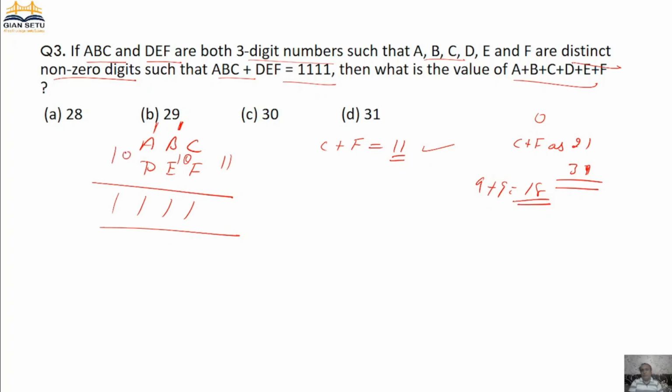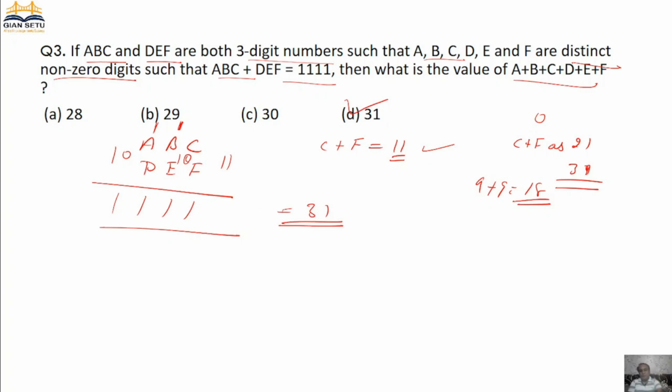So A plus D again is 10. Now if we add all these digits, that is 10 plus 10 plus 11, that makes 31. So sum of all these digits will be 31. So answer is D here.